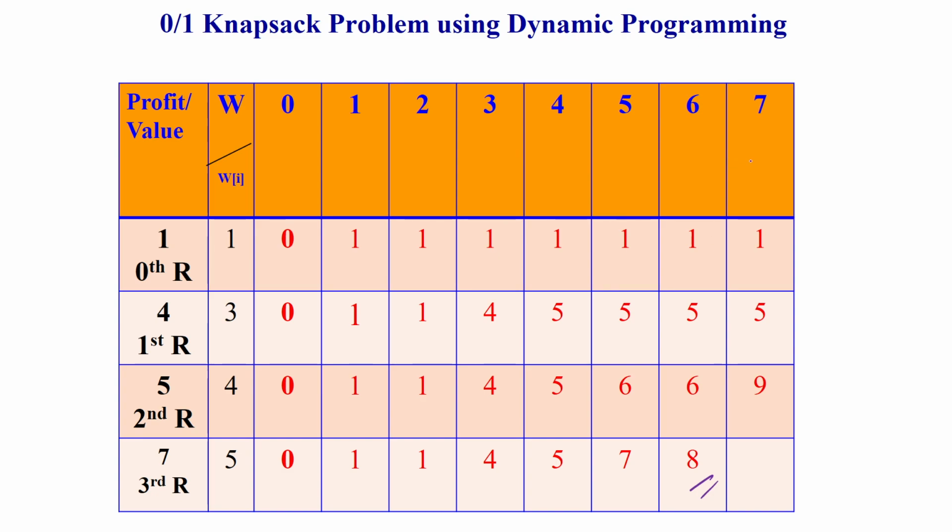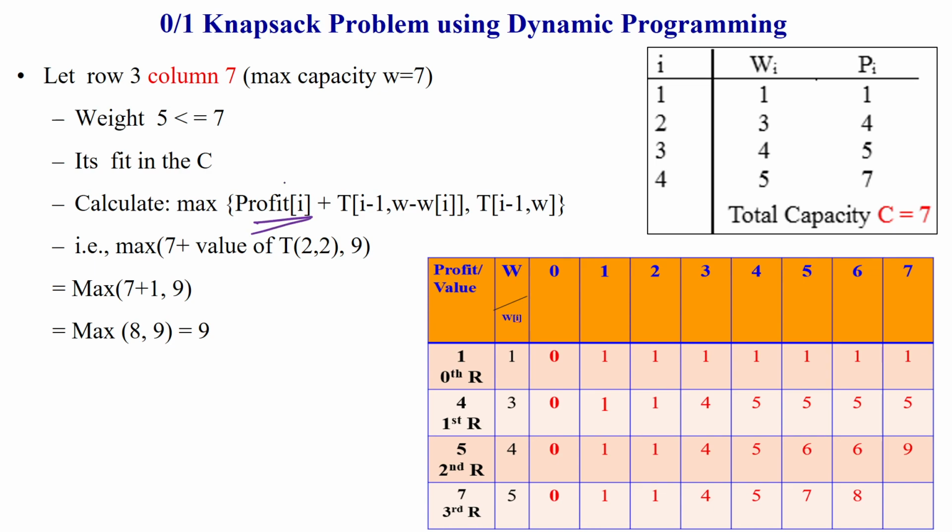Then next you are checking the column where maximum weight is 7, and the product's weight is 5, so it is also possible to select. Then apply the formula. Profit of the current item is 7, and t of i minus 1 is 2, then maximum weight of this column 7 minus current product's weight 5 is 2, so 2 comma 2.